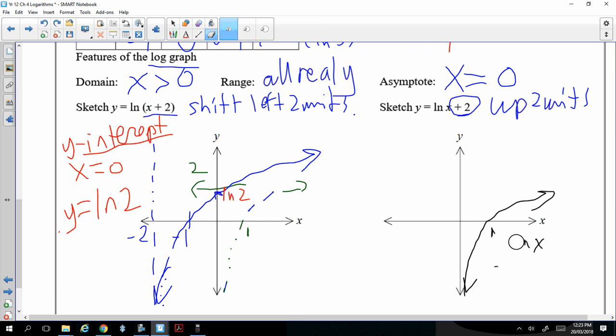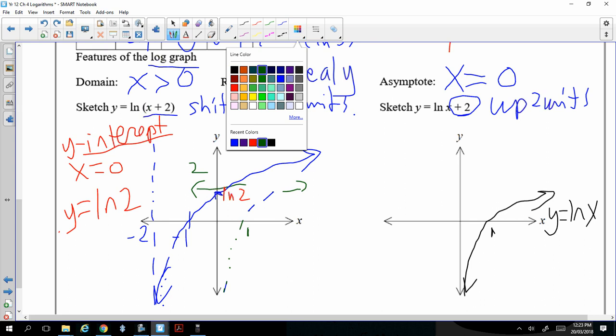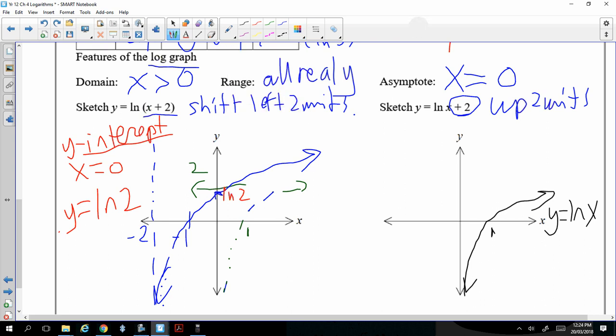This one will be tricky because it doesn't have a y-intercept, so we can't use it to help us. If you go up 2 units, it's just going to go up 2 like this. So the gap between them is 2. You'll still have the same asymptote, but the gap remains at 2.